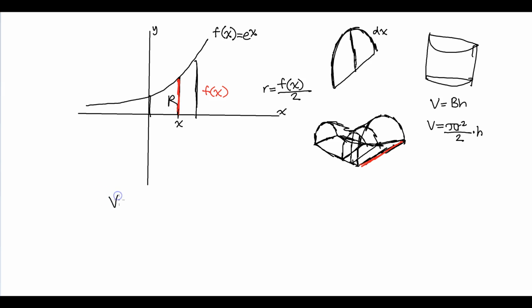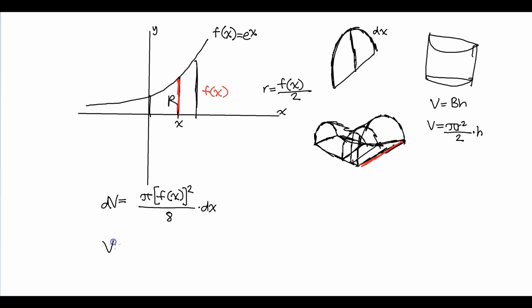So we have volume equals pi times r squared. Well, r squared is f of x squared over 4, over 2. There's another 2 here, so that'll be over 8 dx. This is for a tiny volume, the differential of volume, dV.